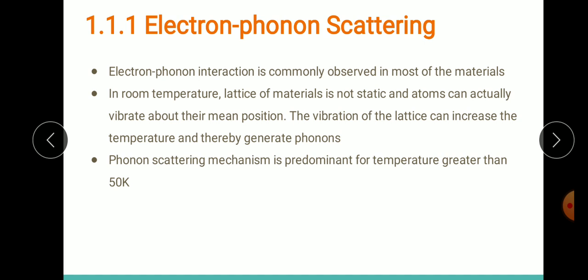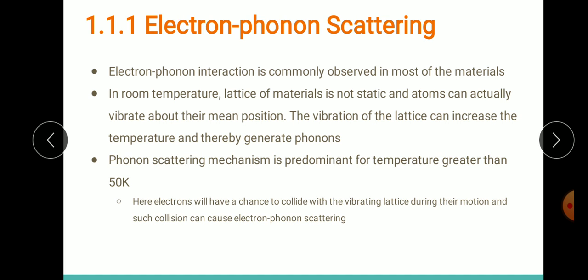Now, once these phonons are generated, we already have the electrons which are moving. These electrons will have an opportunity to collide with the vibrating lattice. Thus, we have the electron-phonon interaction and the electron-phonon scattering. I hope that is clear.